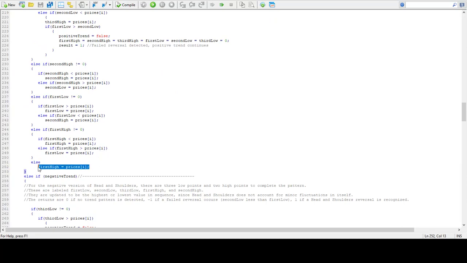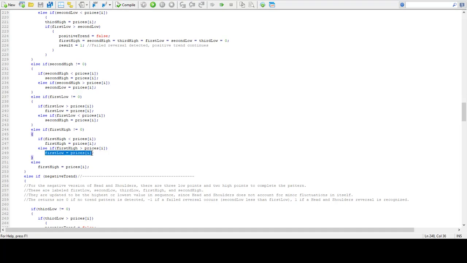First time it always just sets the initial variable you're using, first high or first low, and then in each of these branches it's comparing the current first high with the price, the closing price at that point in time. Obviously, as a high, you want it to be as high as possible, so if it's less than the price at the current time, it becomes the price at that time.